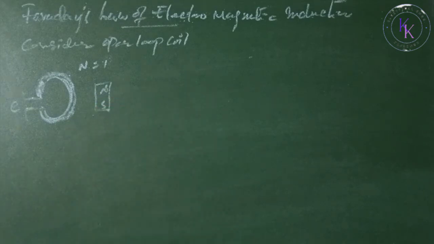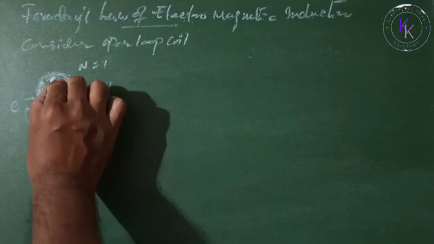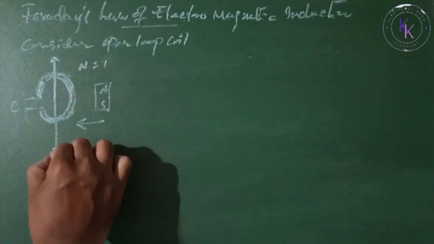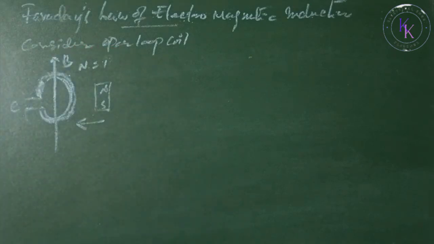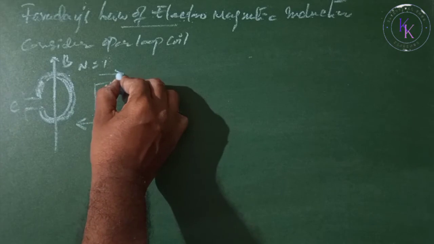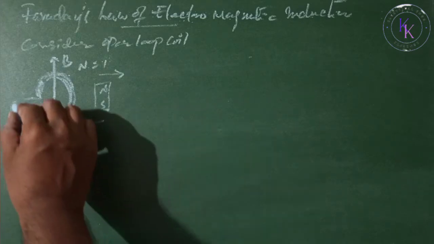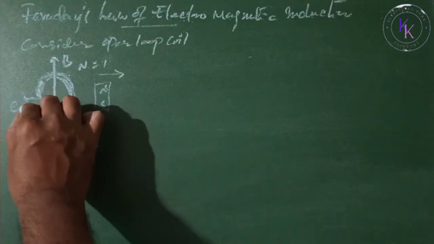Now when the magnet is moved towards the coil, the flux density B is going to increase, and when the magnet is moved away from the coil, the flux density B is going to reduce. In both cases, the flux linking the loop changes and an EMF is induced in the loop that is measured with the help of a voltmeter.